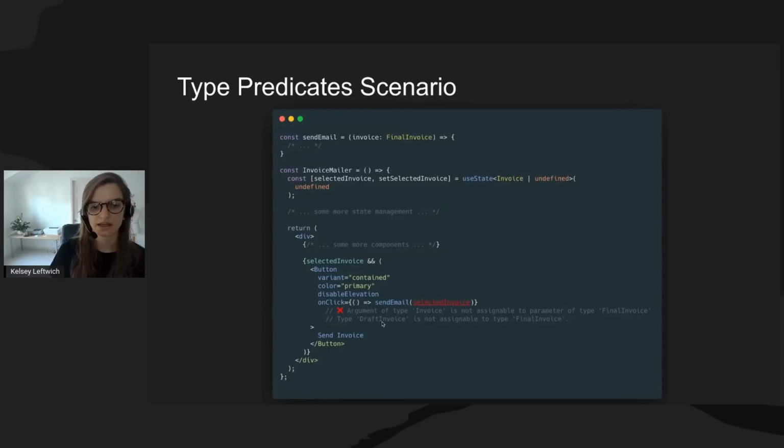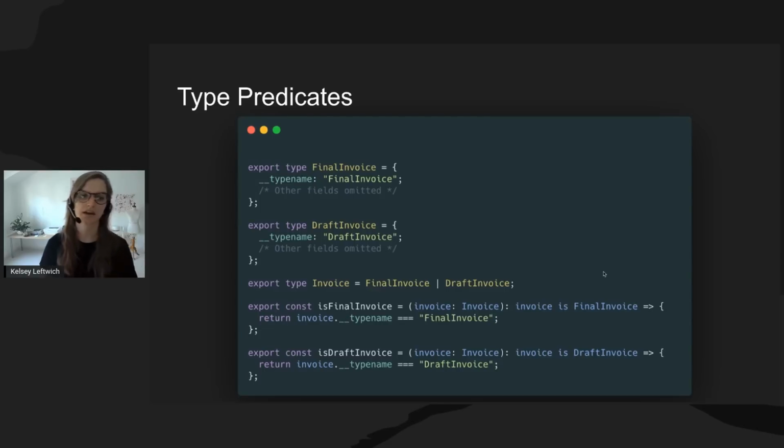So another issue. And maybe there's a case for using that in operator, but the way that I've solved this one is using type predicates. So first, I'm just going to show you, here are those types. So here's final invoice. This type name will be familiar to you if you use GraphQL. It gets appended on here to say what the type of this is.